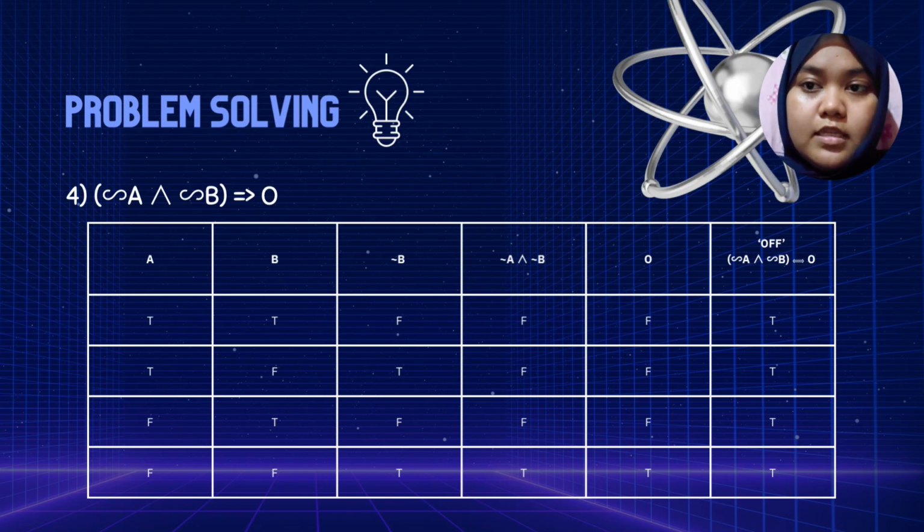As you can see in the truth table, if both the remote A and the sensor B are not sending a signal, false, the result for the off state becomes true. This confirms that our logic holds up even when the system is inactive, ensuring no stray signals trigger the gate unexpectedly.